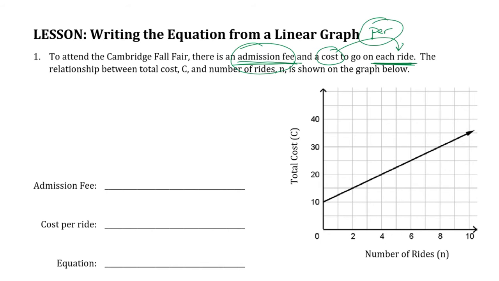And per means change, and the admission fee is how much you pay for 0 rides. Just at the very beginning, before you've done anything, you have to pay that amount. So that's your starting amount. Okay, and I'm going to make a note of that. The admission fee is your start, and the cost per ride is your change.